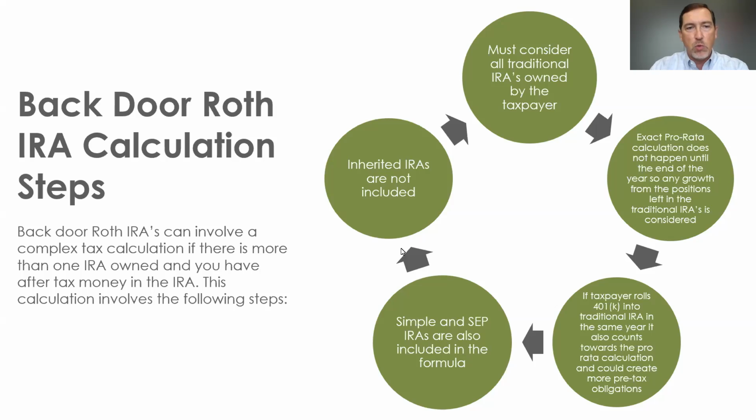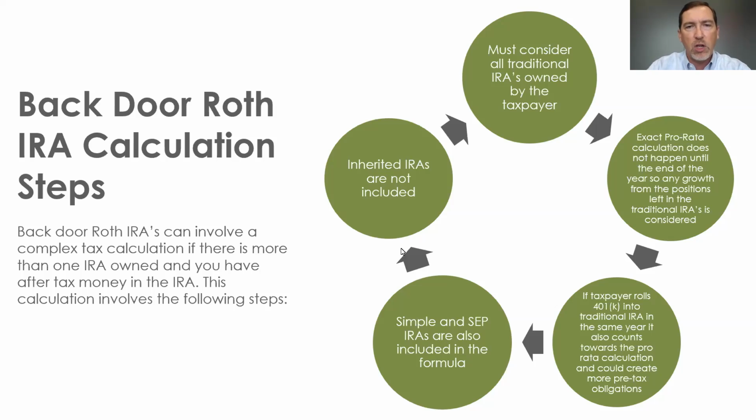You may have one IRA that you're planning on moving some money from to a Roth, but then you have another IRA somewhere else. You have to include all of them in this calculation. This is called the pro-rata calculation. Another thing to remember is it doesn't happen until the end of the year, so all values for these accounts are at year's end.